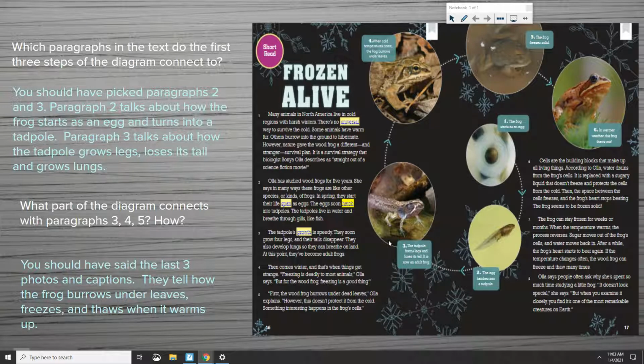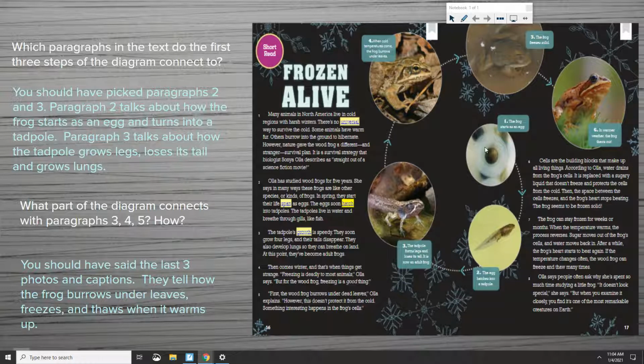Which paragraphs in the text do the first 3 steps of the diagram connect to? Well, it is paragraphs 2 and 3, because this is talking about how the egg starts, and it's right here where she's talking about they start their lifespan, and soon the eggs hatch into tadpoles, and the tadpoles in the water breathe through gills like fish.